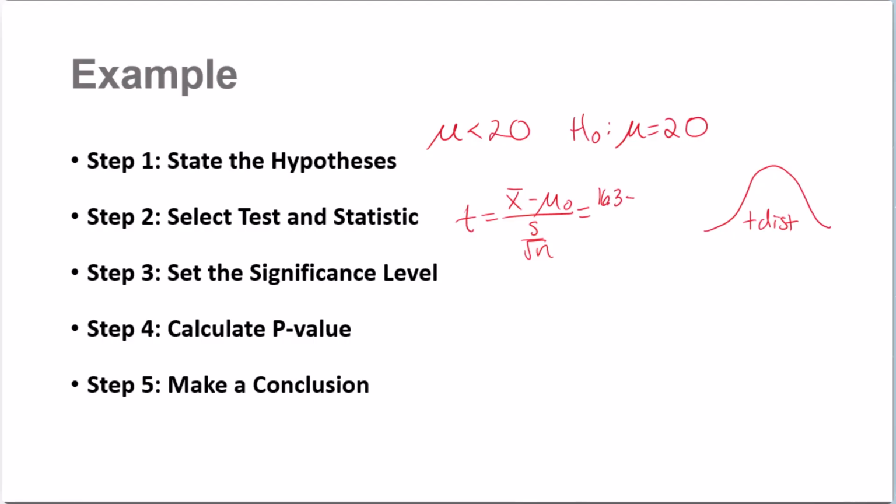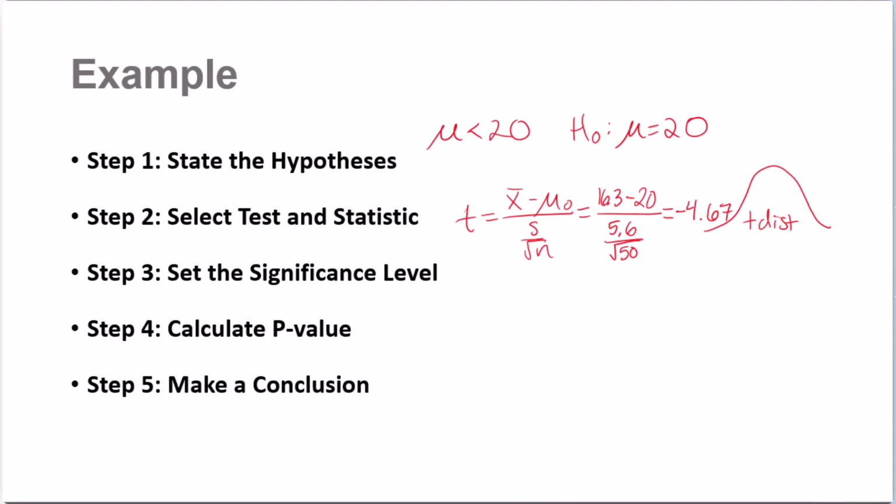Mu 0, the assumed mean, is 20, coming from the null hypothesis. s was 5.6, over the square root of n, the sample size, root 50. I could plug this into a calculator, and in this case I get a test statistic of approximately negative 4.67. This gives me a sense of where this sample falls in the hypothetical sampling distribution.